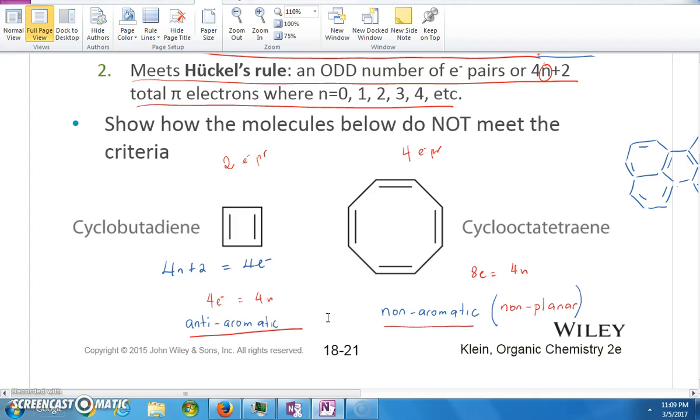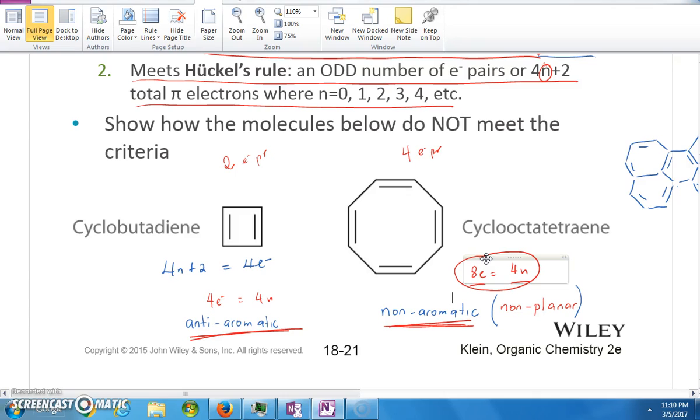Okay. Here you have 8 electrons, which is equal to 4n. So it doesn't have the 4n plus 2 pi electrons. And so again, it is non-aromatic. Now, the reason why this is non-aromatic and this is anti-aromatic is because even though this has a total of 8 pi electrons, 4 electron pairs, which would make it anti-aromatic, rather than assume a planar structure, it actually becomes tub-like.